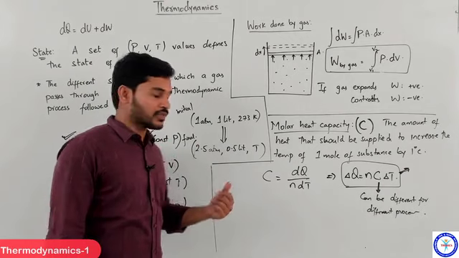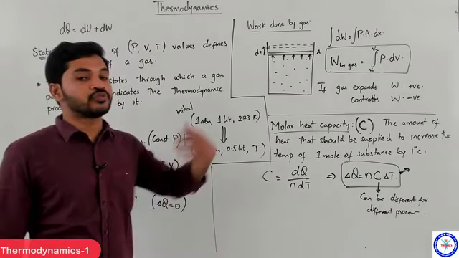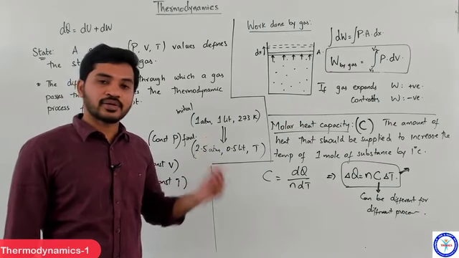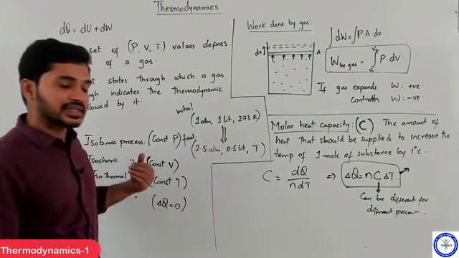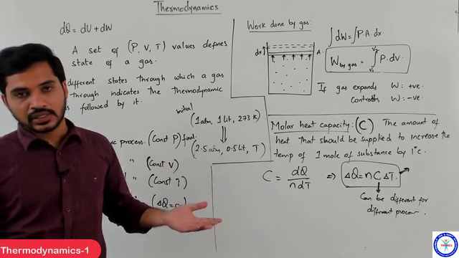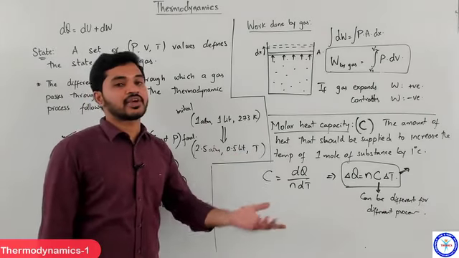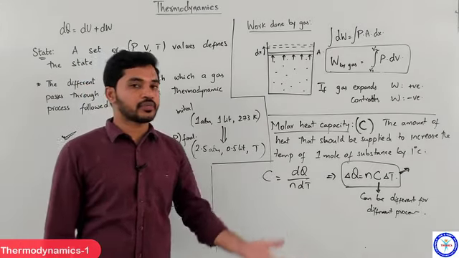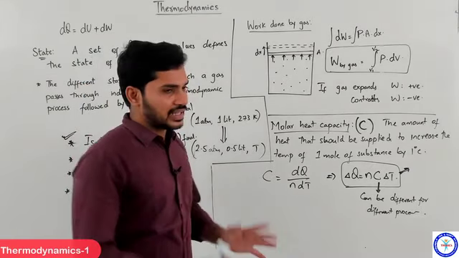In some processes, we might need to give more heat to increase its temperature by 1 degree Celsius. In some processes, we might need to give less heat, clear, to increase the temperature by the same 1 degree Celsius. So gases behave differently in different processes, clear. So the idea is pretty simple.